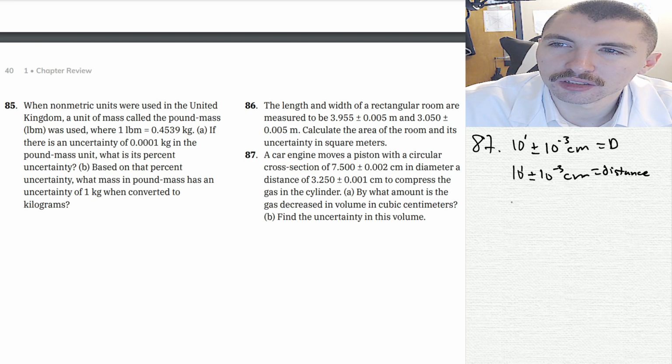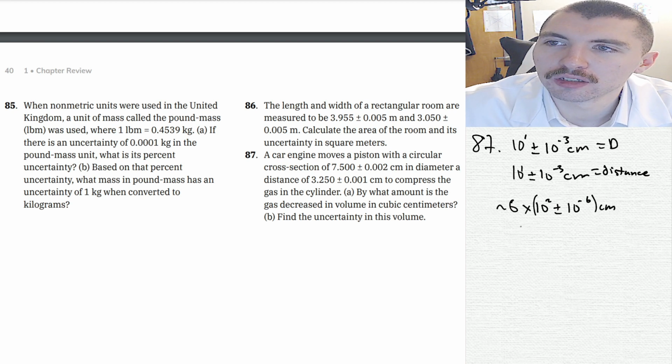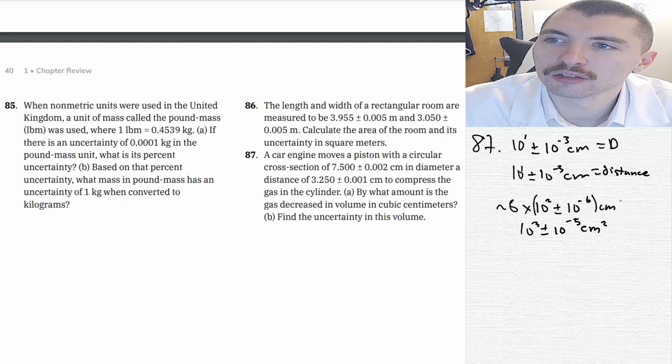So that would be 6 times, which would be about 10 to the 3 plus minus 10 to the 5 centimeters squared.